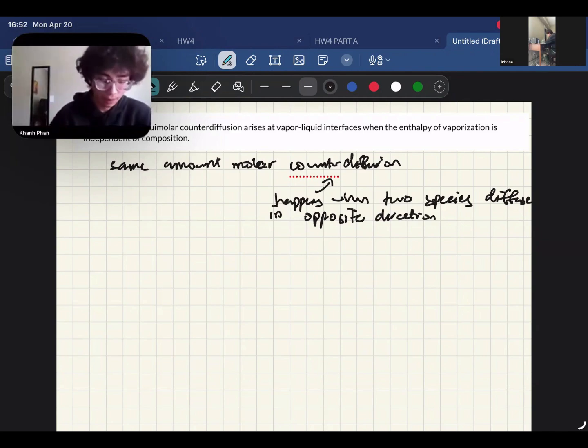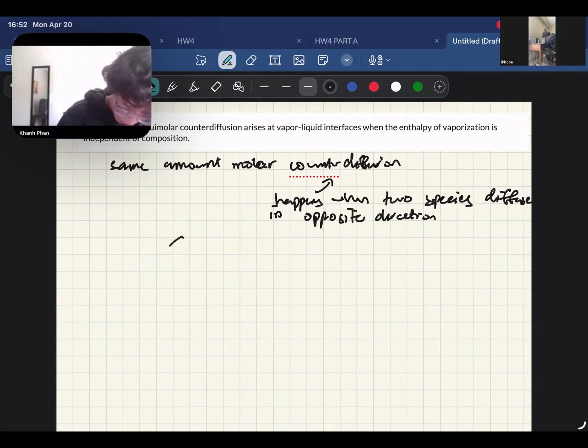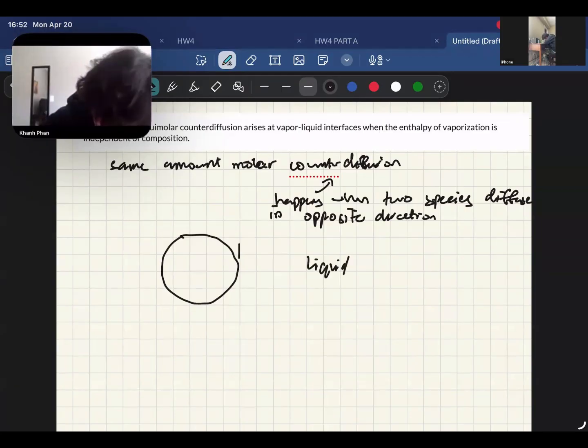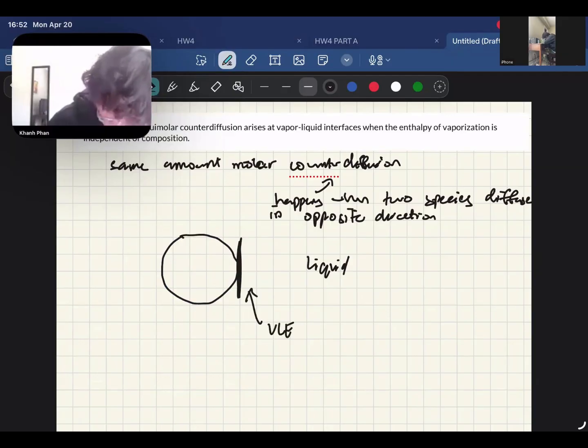And why does that happen? Let's imagine a vapor bubble, and over here there's liquid, and then there's an equilibrium interface over here, liquid-vapor equilibrium. And so we have component Y1 and then we have component X1.